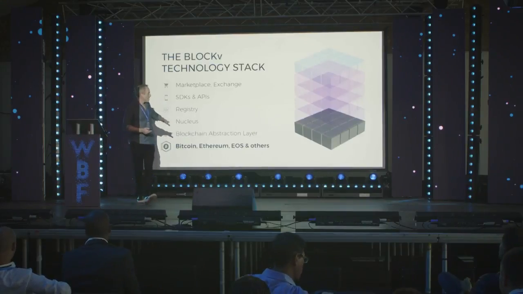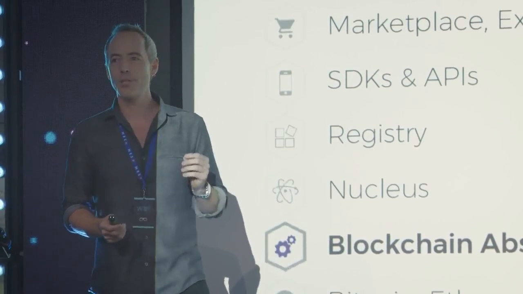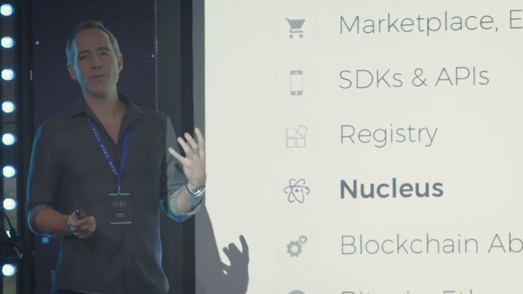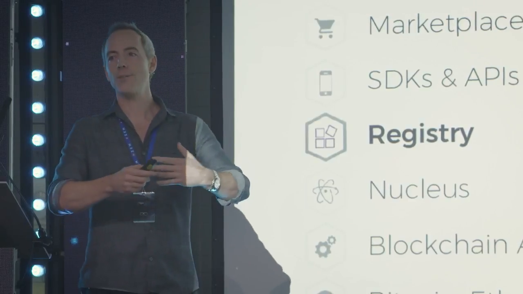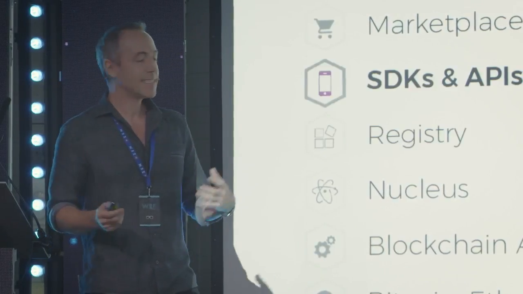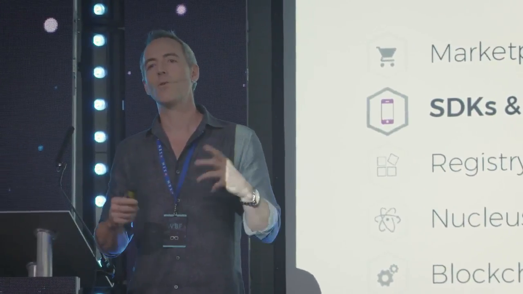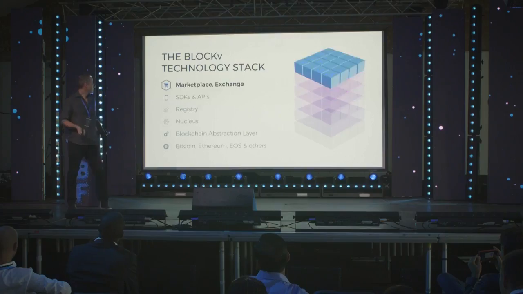So our technology is an abstraction layer over those blockchains, easily allowing the developer to choose which type of token they'd like to build. And then we have the nucleus, the real brain of this virtual good. The registry, it's like a GoDaddy, allows you to register all of the different templates, SDKs, APIs, exchanges. So we're building the full stack so the whole world can meaningfully interact with this new type of digital object.